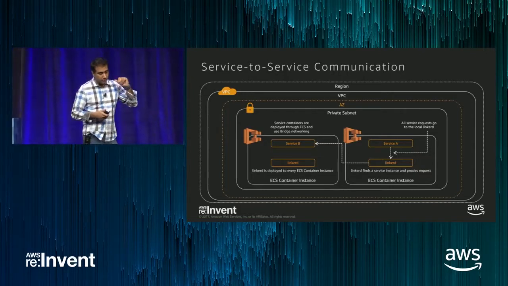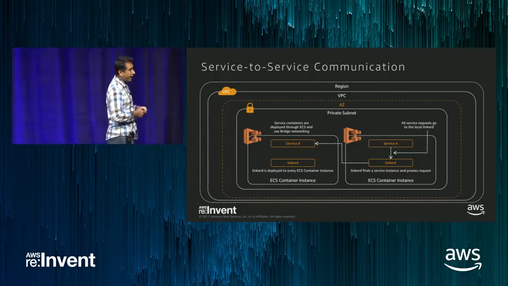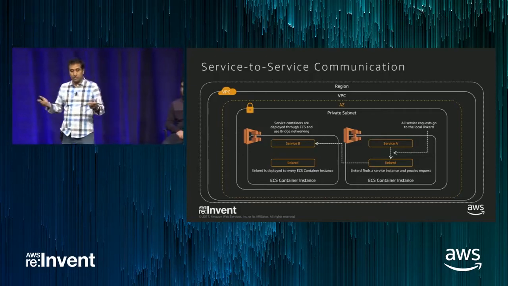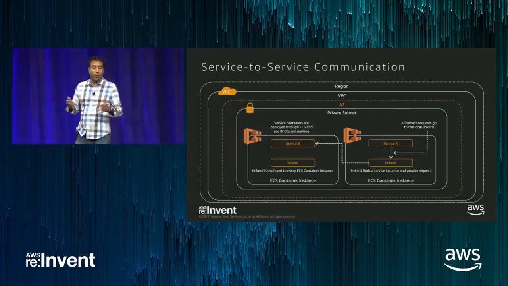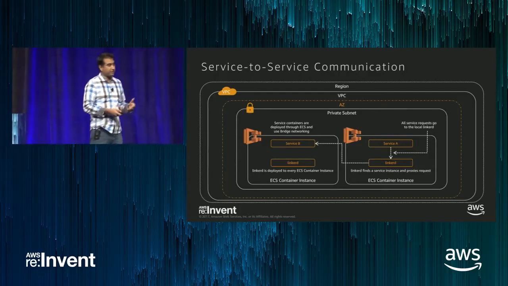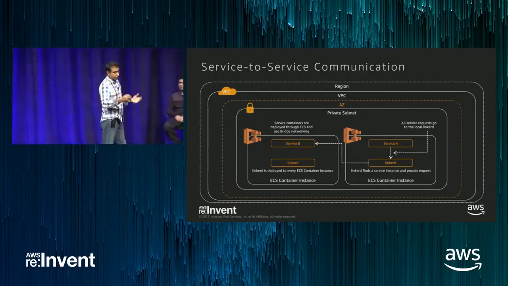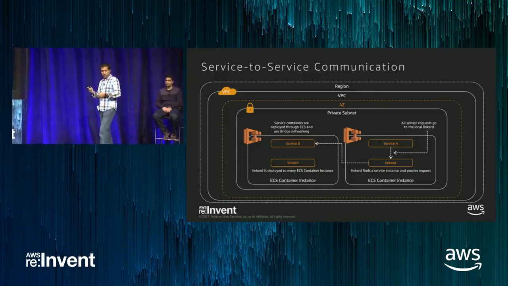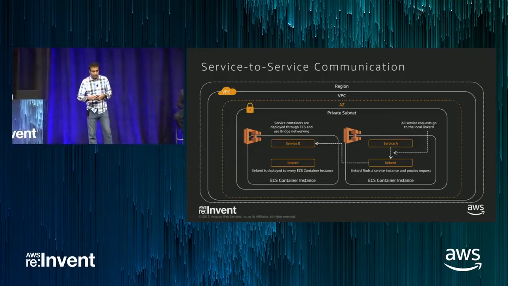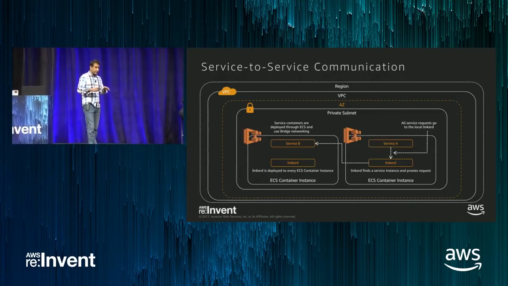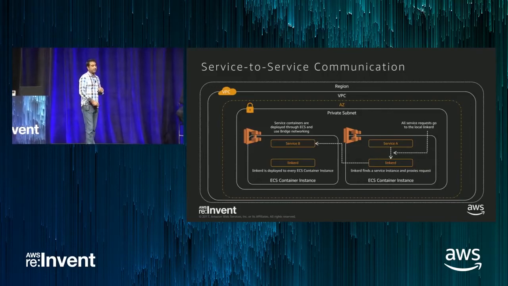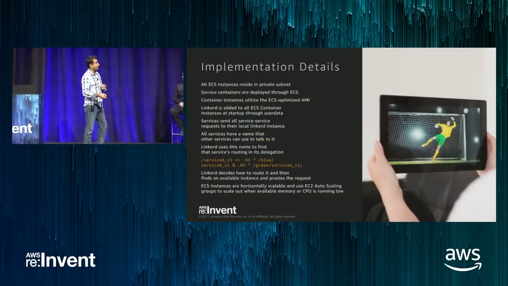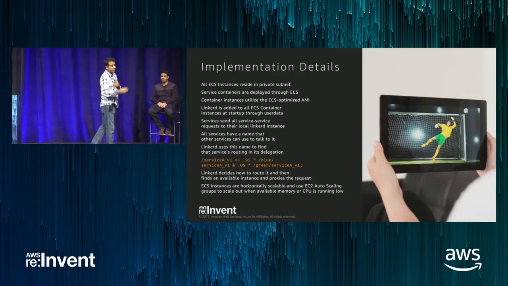Linkerd will come back to the service, and the service is none the wiser that it went through anything. It just understands that it made a request, and it got serviced. So that's the implementation details on that. This next slide is basically saying everything that I just talked about.